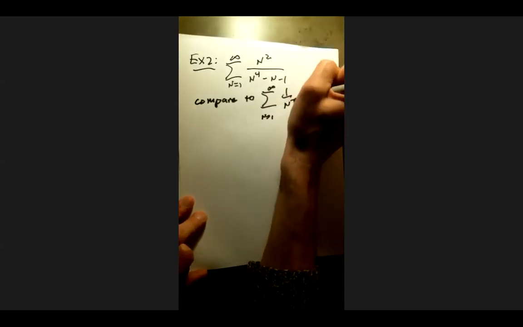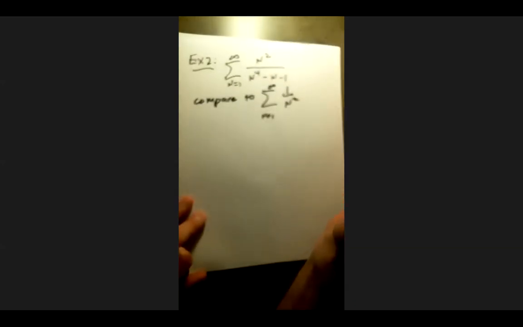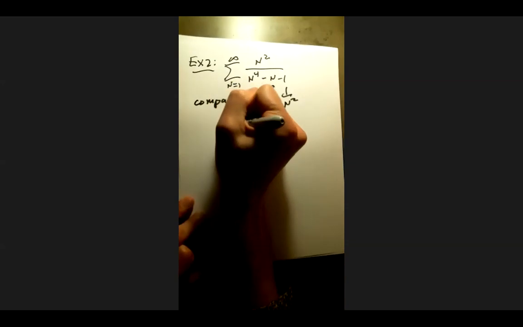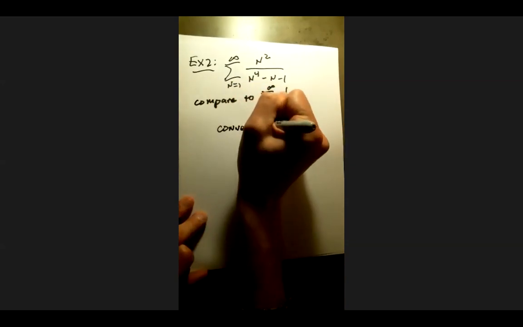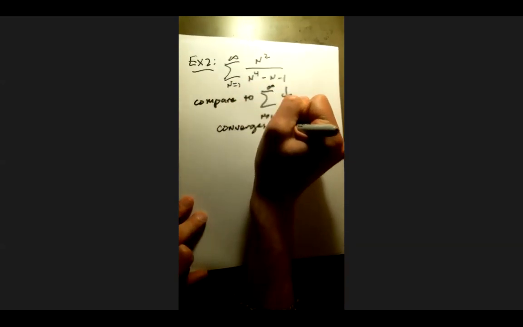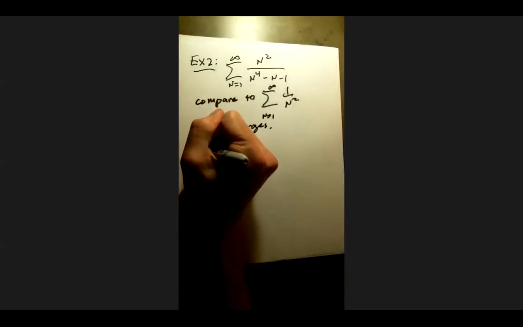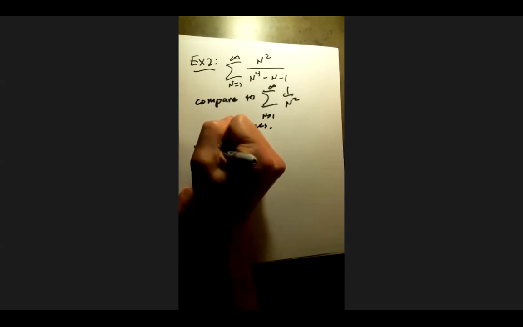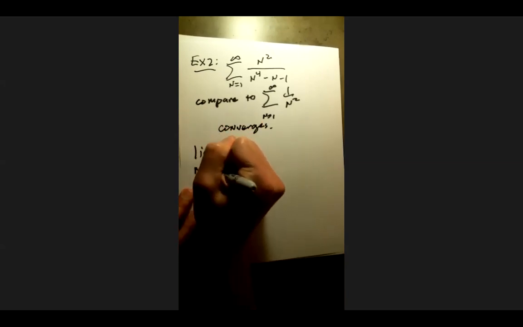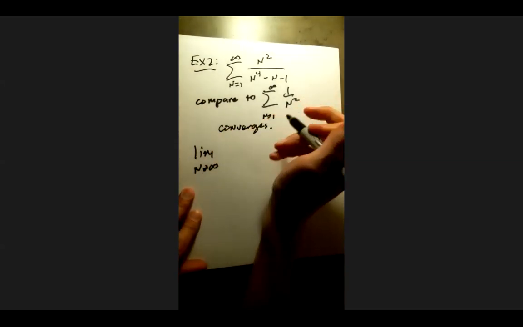And does Superman converge or diverge? Converges. Okay, so this is what we're going to compare to. Now we have to see if they're tied together. So to do that, take limits. We have the limit as n goes to infinity. It doesn't matter the order.